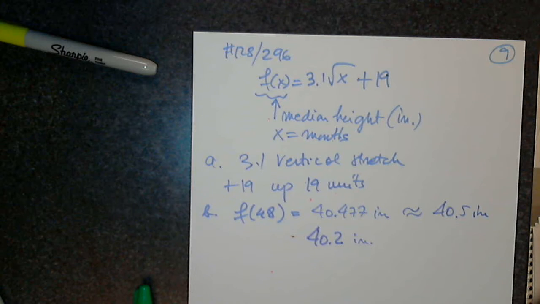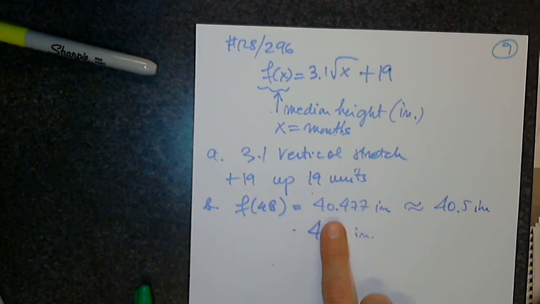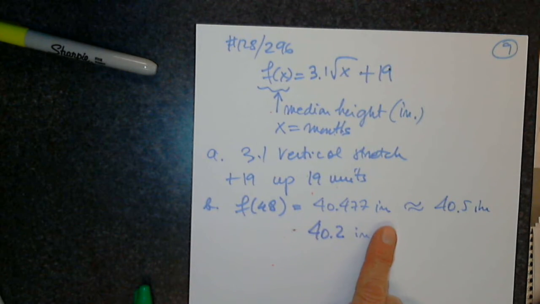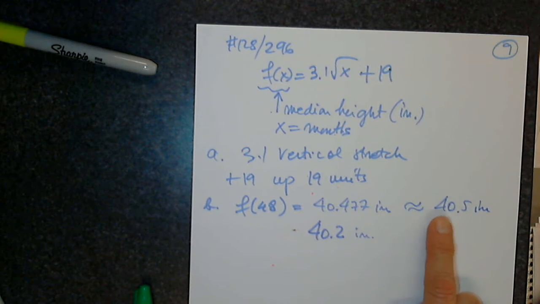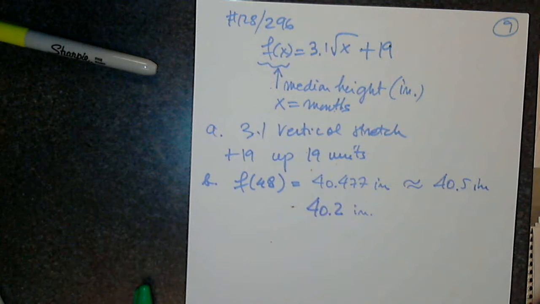And here's the question. The actual is this. The model gives us this. F of 48, we had 40.477 inches, and this is 40.5. But they are telling us that the actual was 40.2. The model cannot be perfect. But now the question: how well does the model describe the actual height?